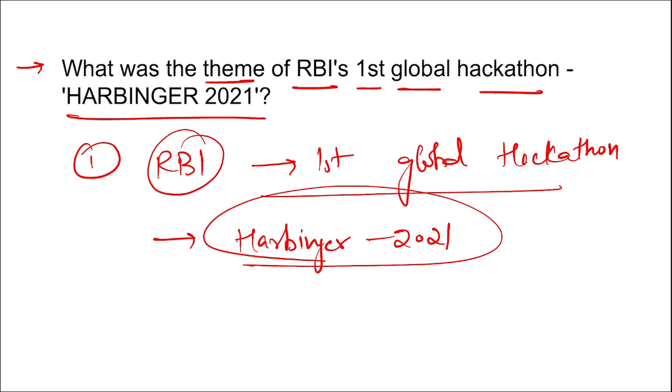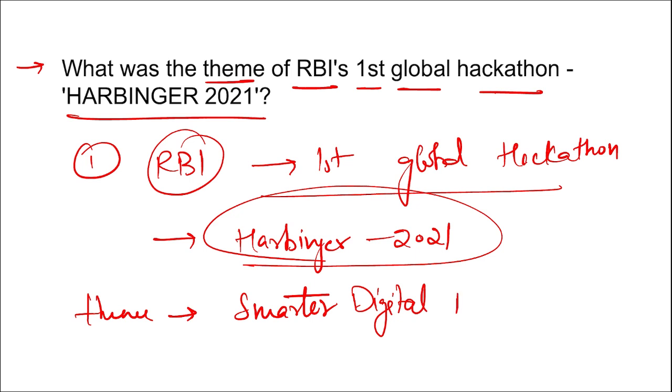It is asking what the theme was. The theme being smarter digital payments. Smarter digital payments is the theme for the first global hackathon of the Reserve Bank of India, and its name was Harbinger.